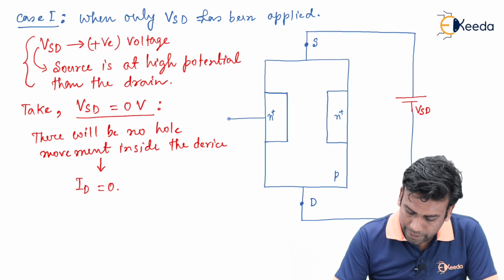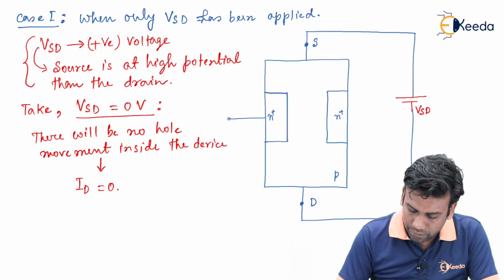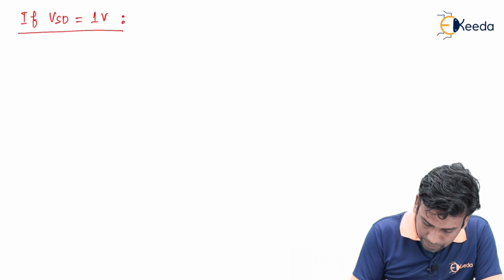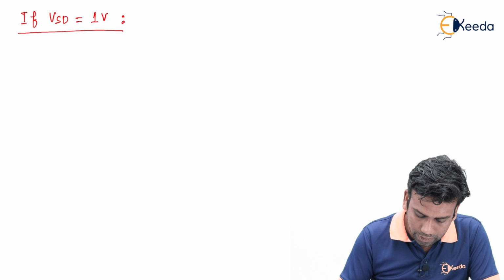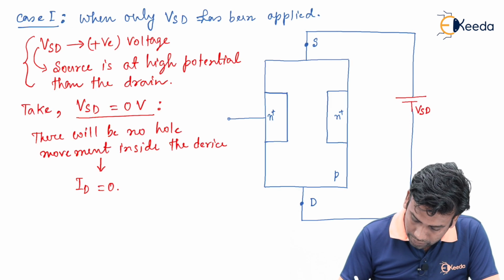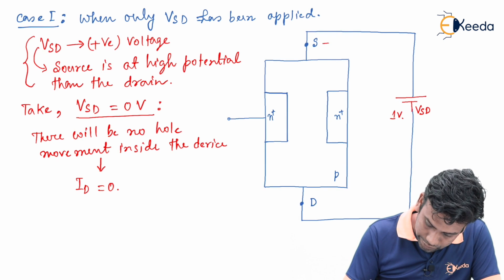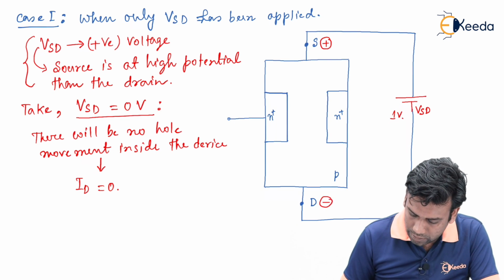Now let us make the VSD equal to 1 volt. If VSD equals 1 volt, that means the source is at 1 volt higher potential than the drain. Let us look at the previous diagram. If this VSD is 1 volt, then there will be a positive potential at the source and a negative potential at the drain.